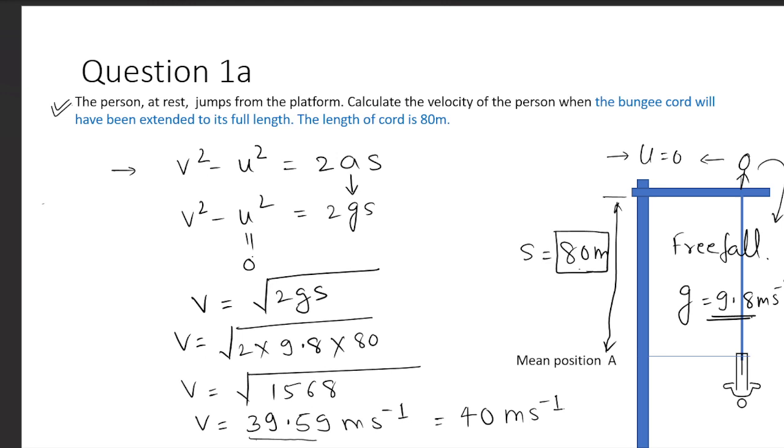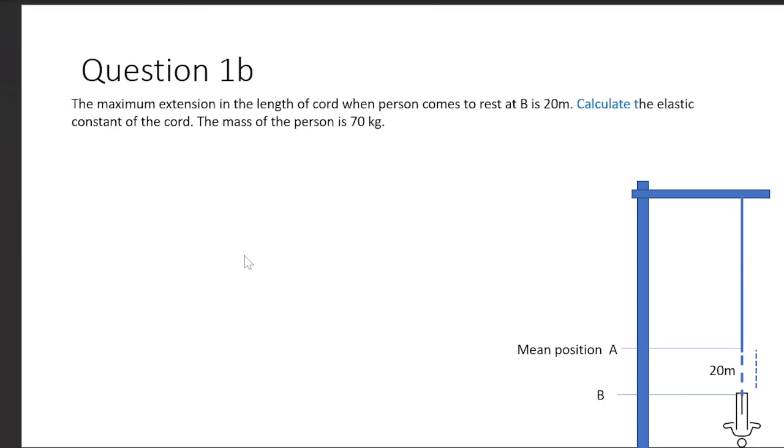Now let's go to the next question, which is the maximum extension in the length of the cord when the person comes to rest at B. This was the mean position, and when the person is falling, the person will not come to rest immediately at A. He will continue to fall, but the rope will apply tension upward, right?